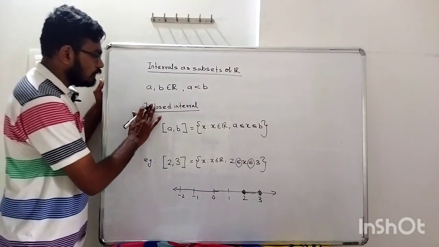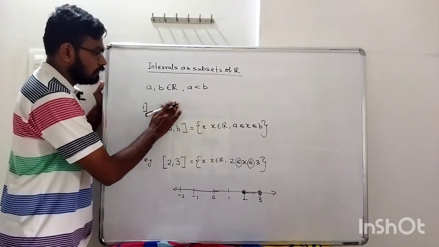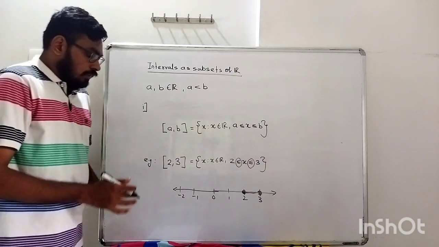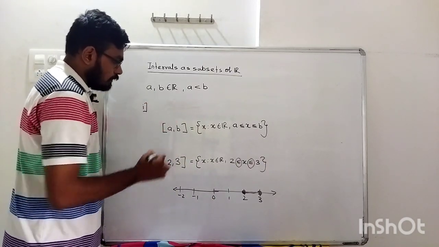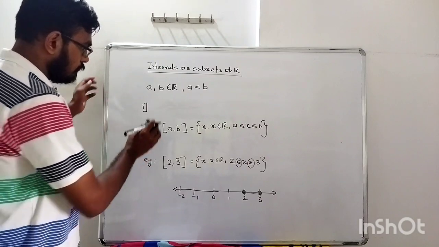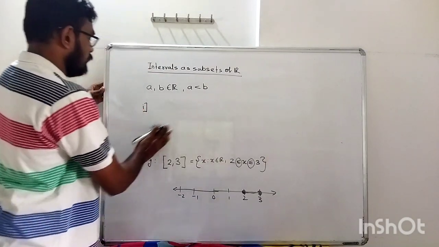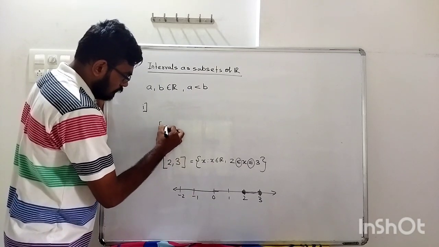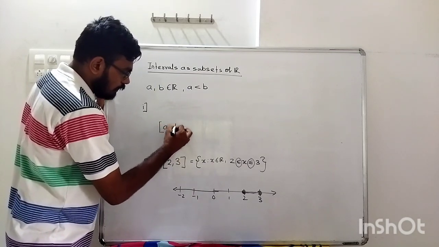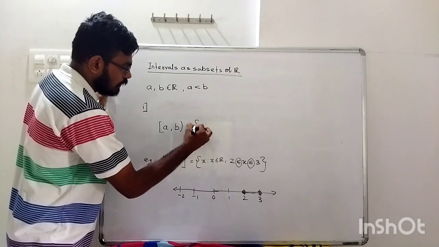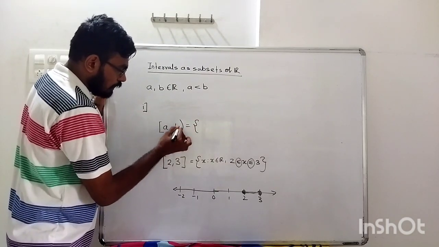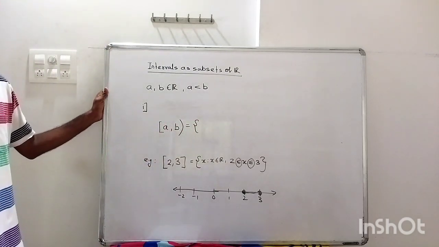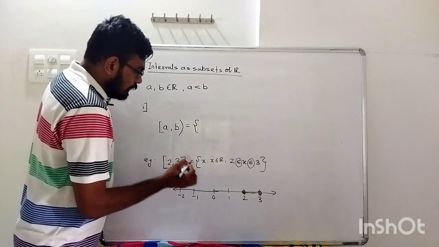Similarly, next is open interval, second type. (a, b). So whenever we put round bracket like this, it means this element doesn't belong to that.